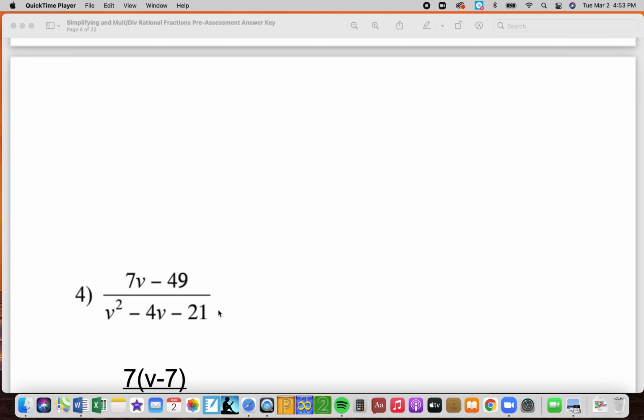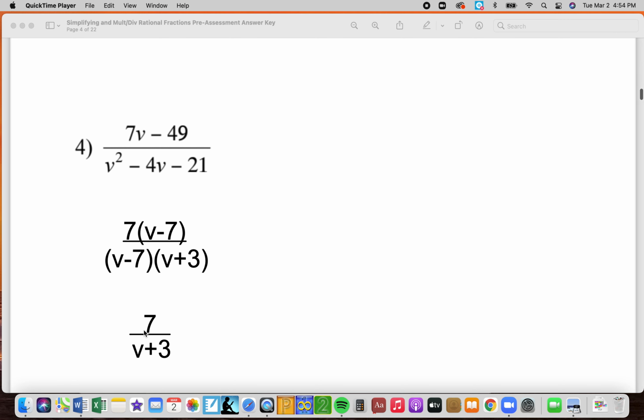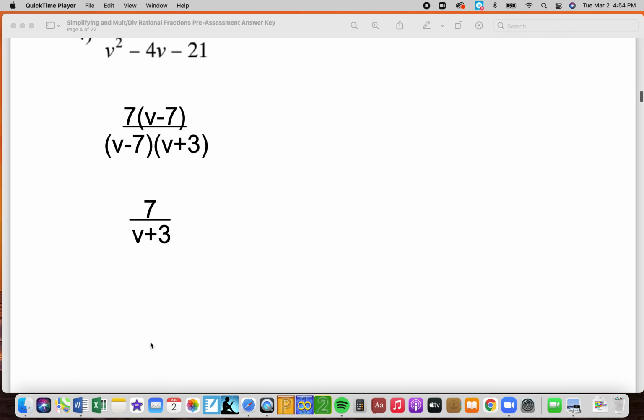If it's not, which it isn't, second sign's negative, so we'll do A times C, A being 1, C being negative 21. We'll factor that, and that'll give us v minus 7, v plus 3. And so now we have a v minus 7 in the numerator and the denominator. We'll cancel those. That leaves you with a 7 in the numerator and a v plus 3 in the denominator.